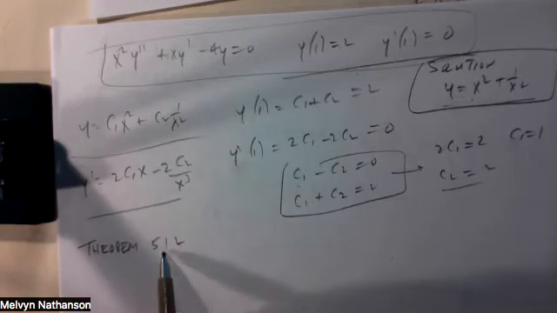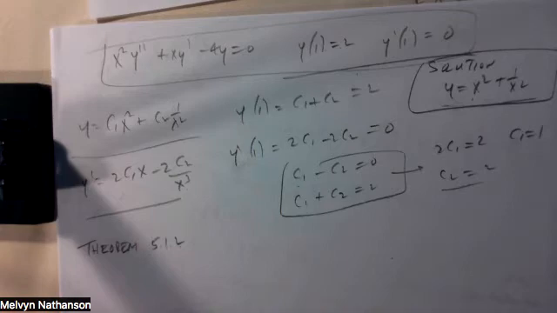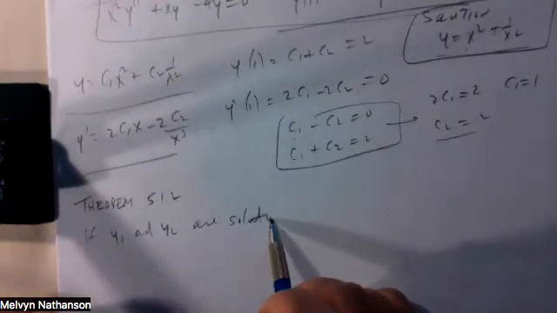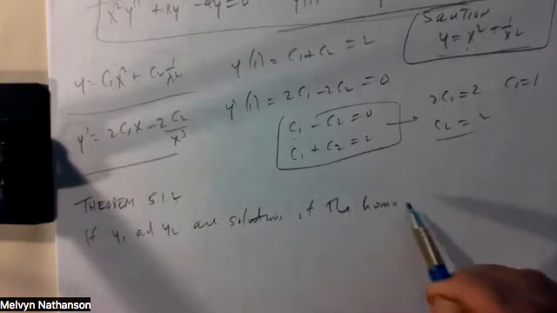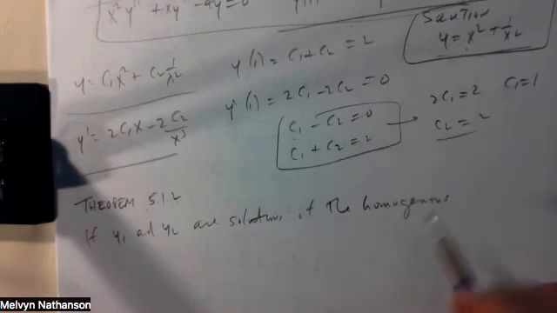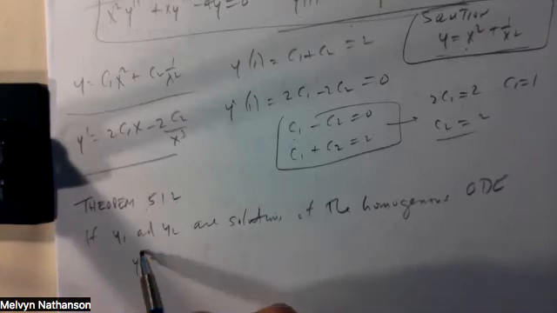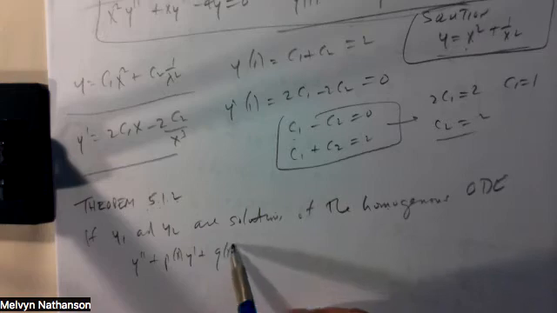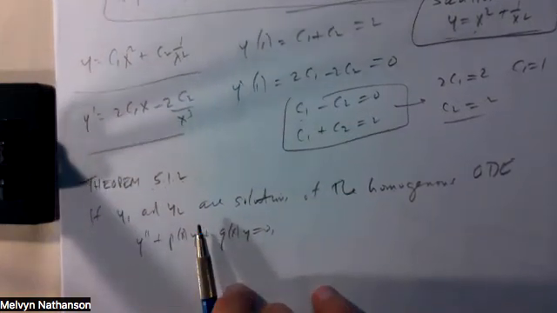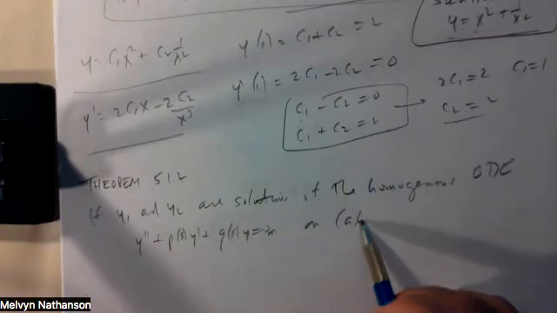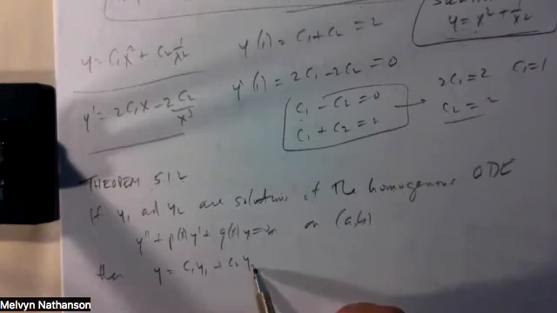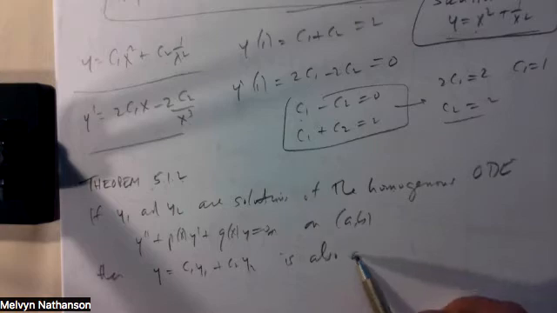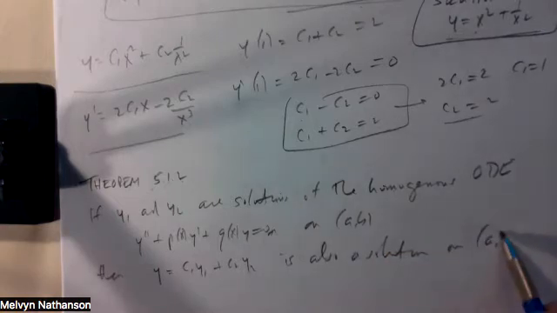So chapter 5, section 1, the second theorem, theorem 5.1.2: if y1 and y2 are solutions of the homogeneous second order linear ordinary differential equation, y double prime plus p of x y prime plus q of x y equals 0, on some interval from a to b, then for any constants c1 and c2, y equals c1 y1 plus c2 y2 is also a solution on the same interval from a to b.